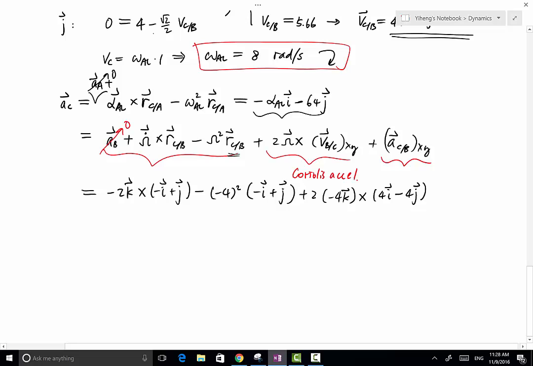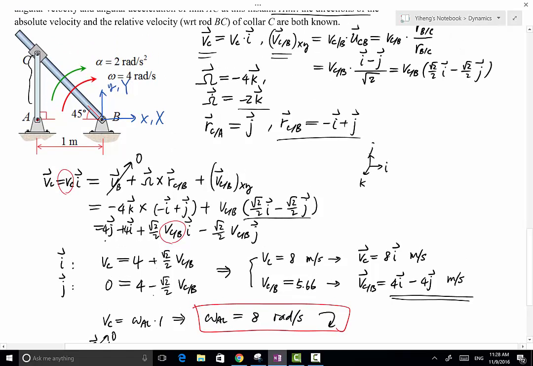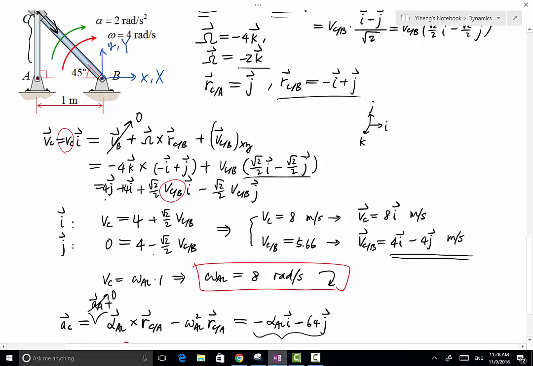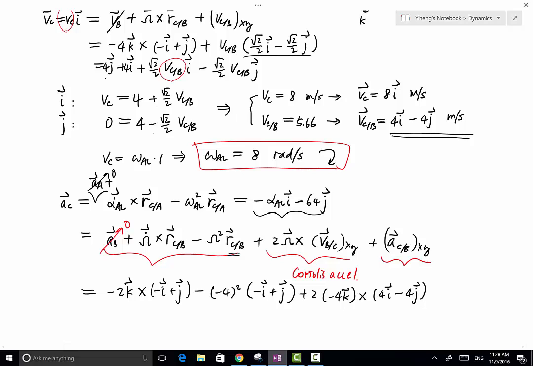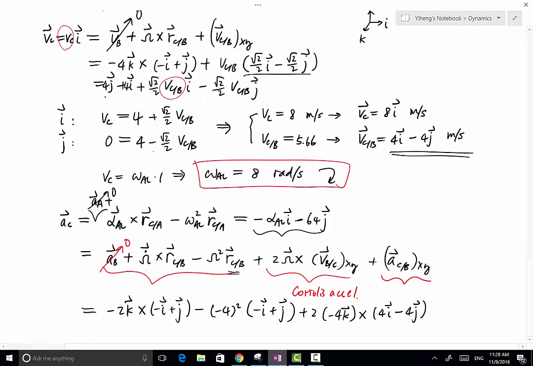For the a_C over B xy, again, the relative acceleration of C along rod BC has known direction. It has to be along the orientation of the rod. Therefore, it has the same unit vector as v_C over B xy. So we can use this part right here, just writing a similar thing.